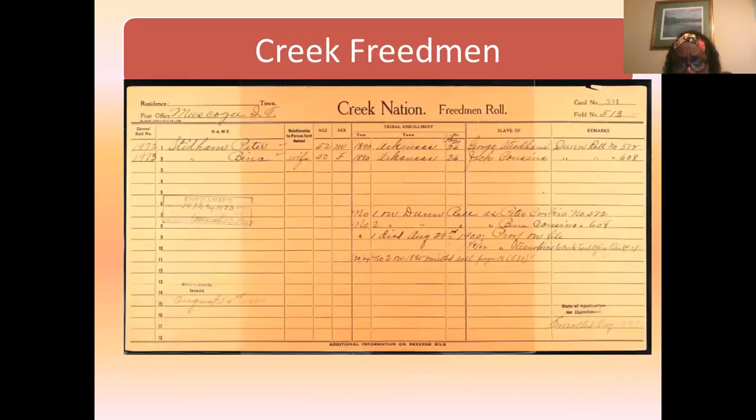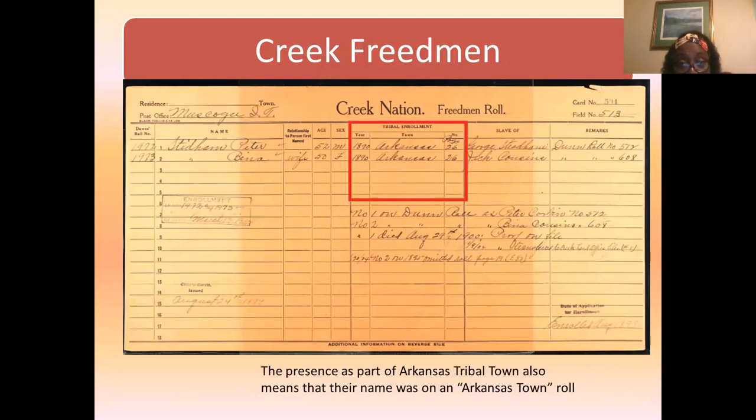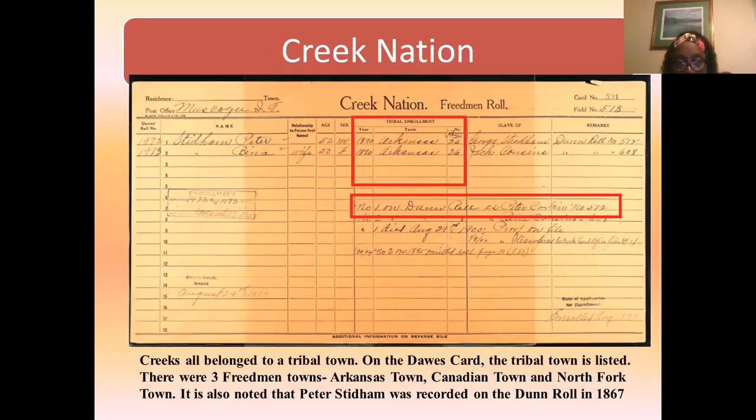Creek Freedman, I've already mentioned the structure of the towns. You can see in this particular case, Peter Stidham, he was on an Arkansas town roll of 1890, tells you what year the roll was recorded, tells you the page number. In this case, you can see where someone wrote it by hand, page number 26. And you get to that page and you'll see his name. But also, what's significant, you see another notation that he was also on the Dunn roll.